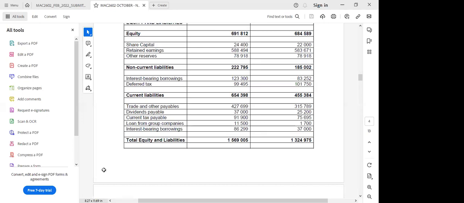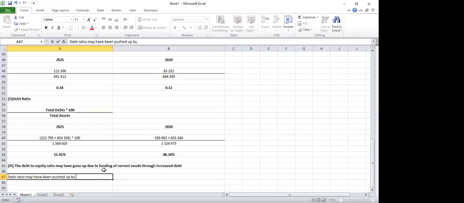Slight changes in equity in proportion to capital and the increase in assets. So as long as your assets push up more than the equity, then there will be an increase in the debt ratio.